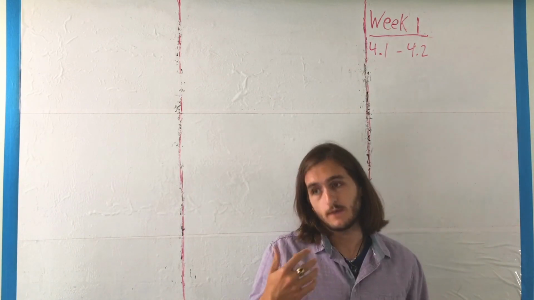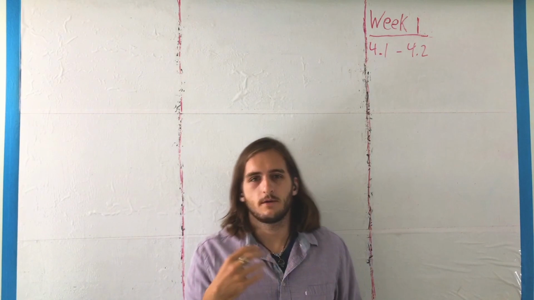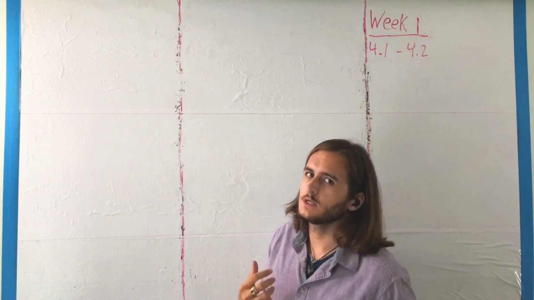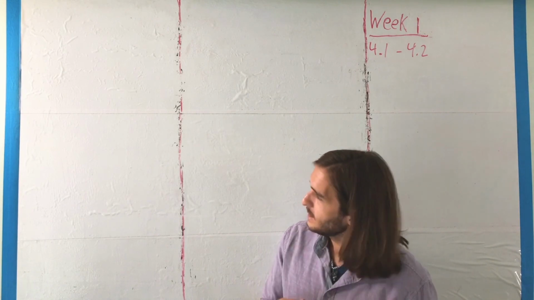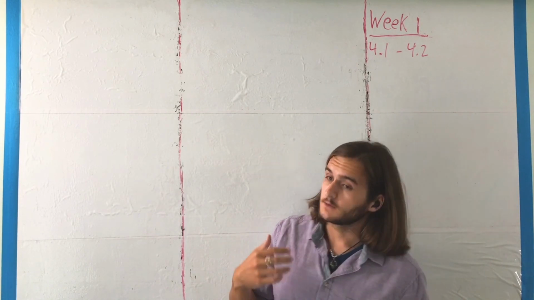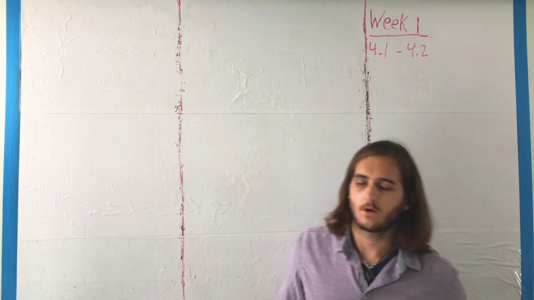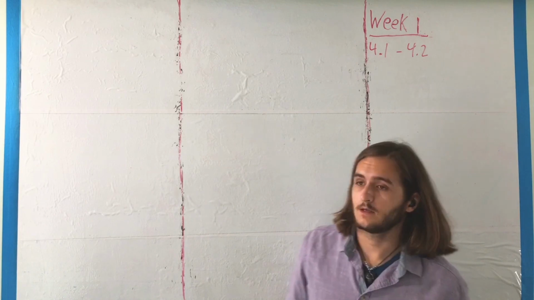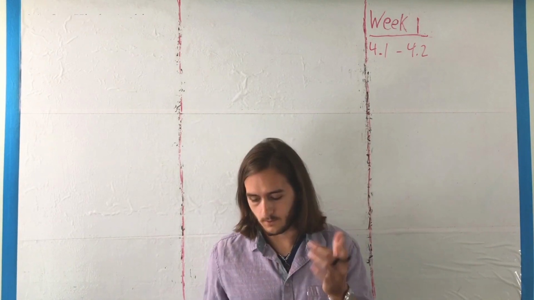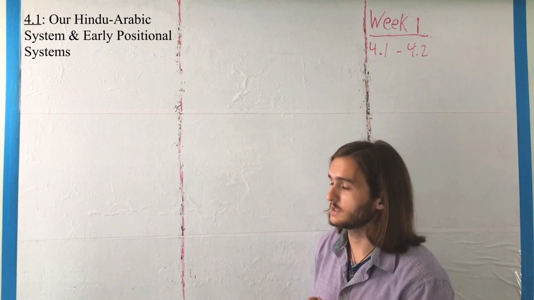Anyway, this week, our very first week of material, we are going to be starting off a little bit slow, only covering 2 sections this week. Usually I like to get 3, but it's good to start slow. We are going to be looking in chapter 4, a bit oddly, but that's how we run things, where we're going to be working with number representation and calculation. In particular, we're going to start in 4.1 looking at our Hindu-Arabic system and other early positional systems.